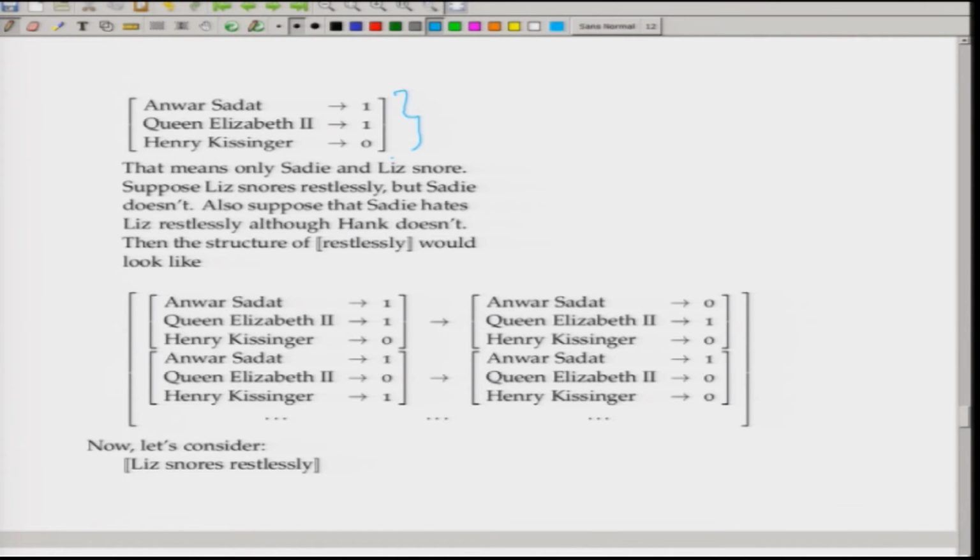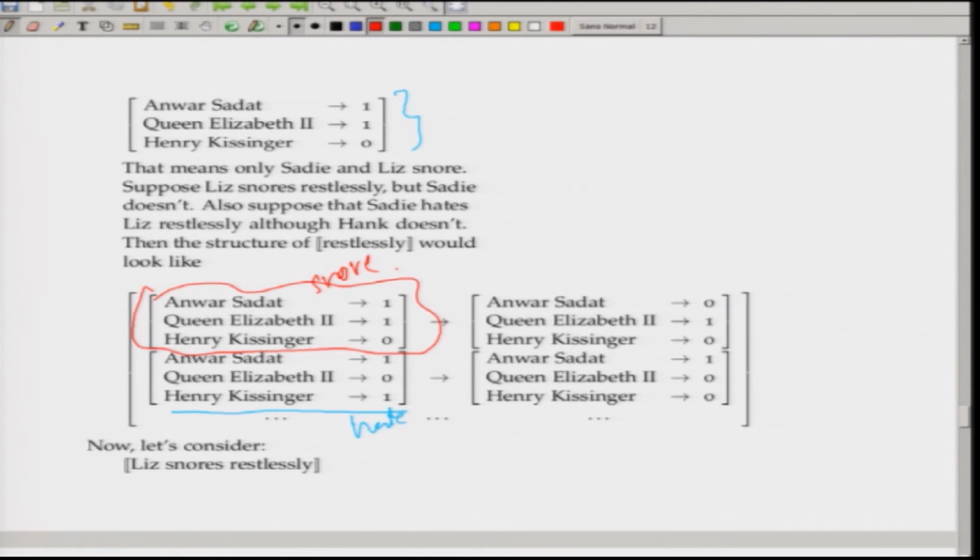Then the structure of restlessly would look like this. This is the hate part, and this is the snore part. Can you see, this is actually the snore function. I will talk about this later.